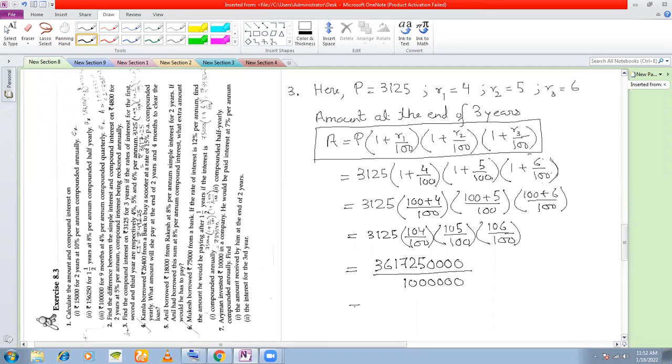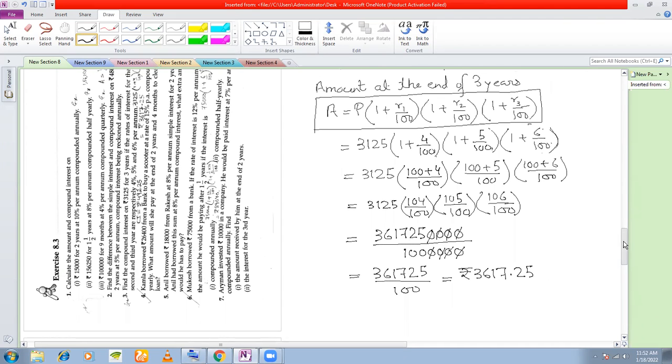So now what happens? Now 4 zeros are going to cancel from the numerator and the denominator. So you're only left with 361725 by 100. Right? So this will give you amount is, you shift 2 decimals to the left, you will get 3617.25. This is the amount that you will get after 3 years.